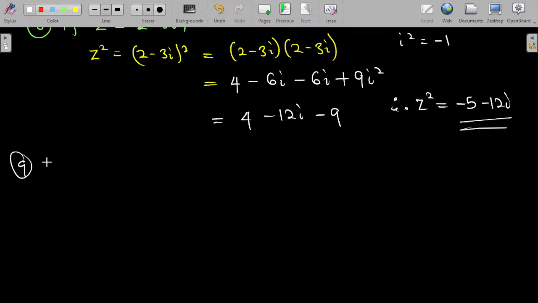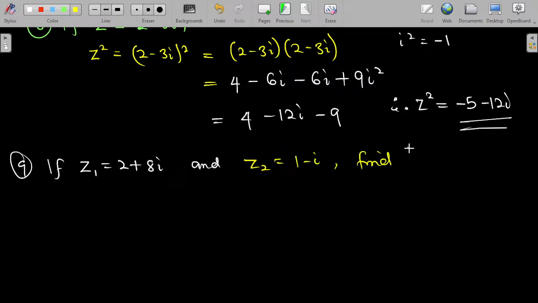And 9 says that Z1, that means they are giving us two complex numbers now, is 2 plus 8i, and that is your Z1. And then Z2 is given as 1 minus i. So the question says we should find the value of Z1 all over Z2.